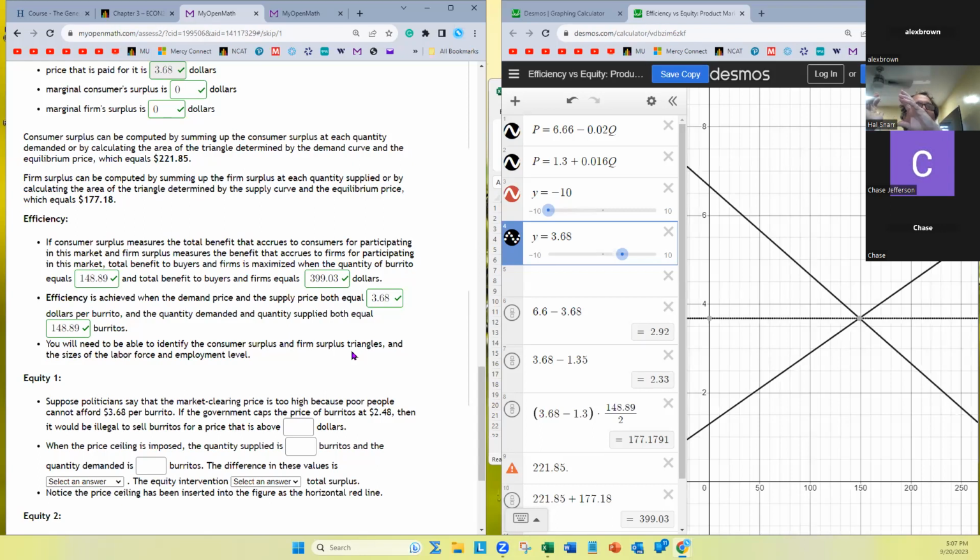There are neoclassical economists. There are Keynesian economists. There are post-Keynesian economists. There are Austrian economists that don't believe in mathematical modeling at all, right? So there's all kinds of economists. And I have a view of economics that is different than the textbook. And the reason why I hold these views is because I think it models reality better, right?